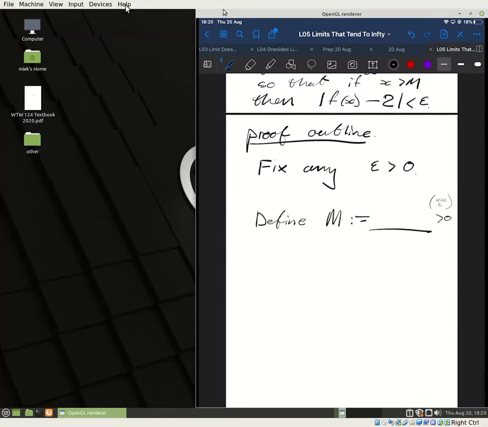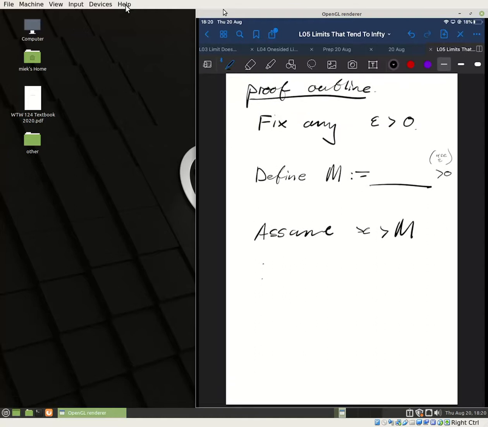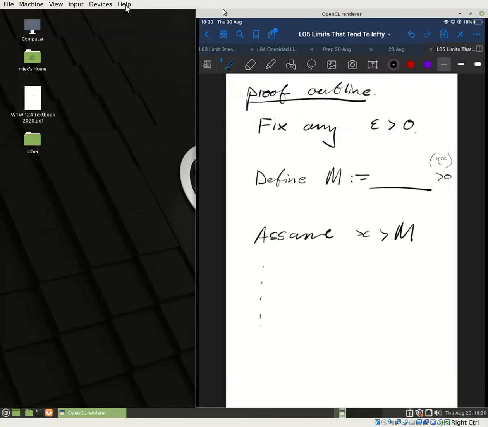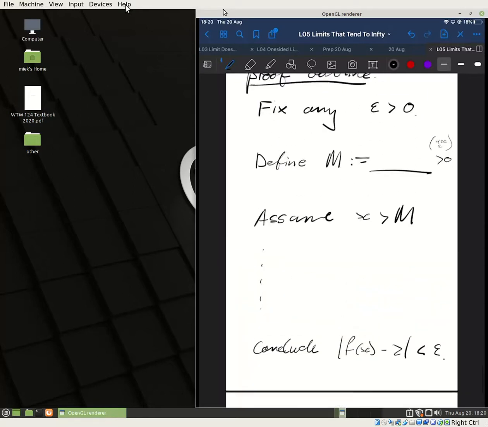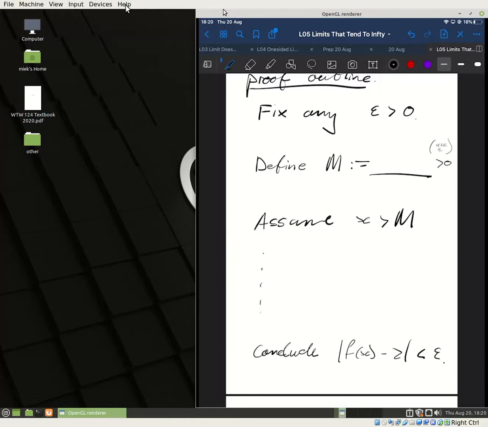Then we want to assume that x is bigger than m, and now we have to work, and then we have to conclude that the absolute value of f of x minus 2 is less than epsilon. Okay, here is our proof outline.